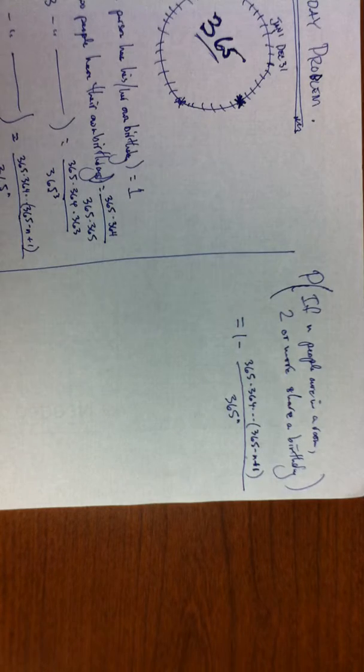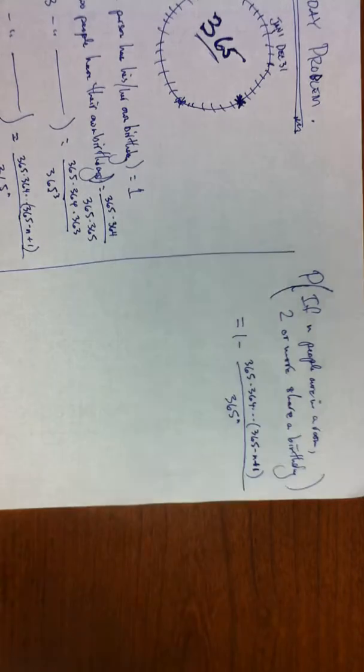You can see, of course, as the number of people in the room gets higher, this chance is going to get higher and higher. In fact, if you have 365 people in the room, then the chance is 100%, right? Unless it's a leap year, but we're assuming that we're not doing that.